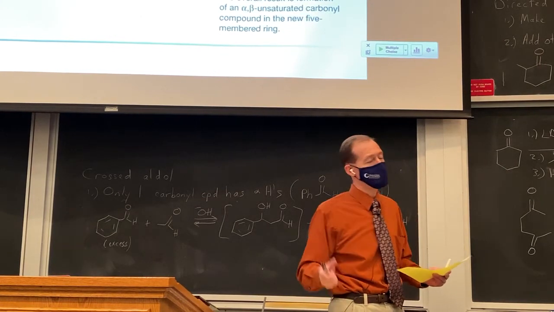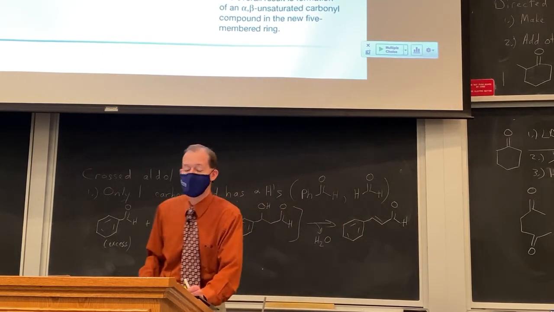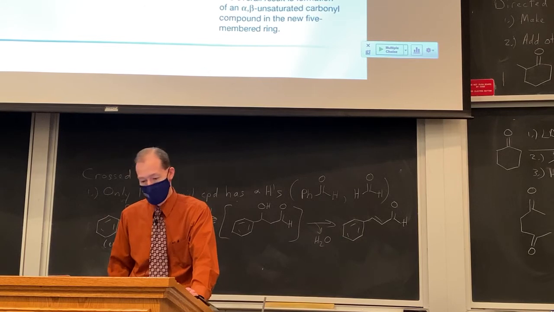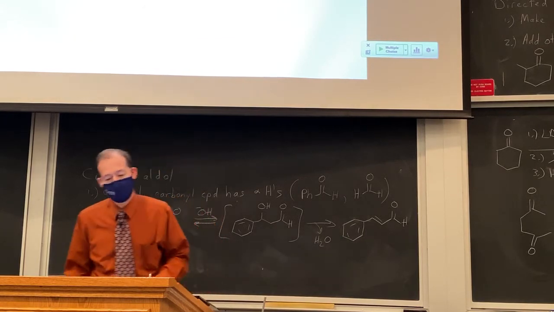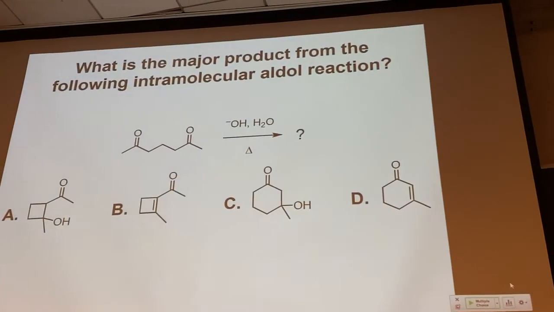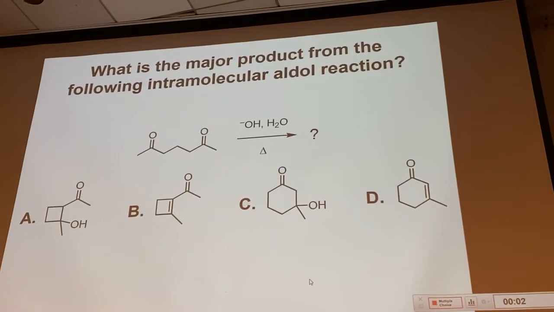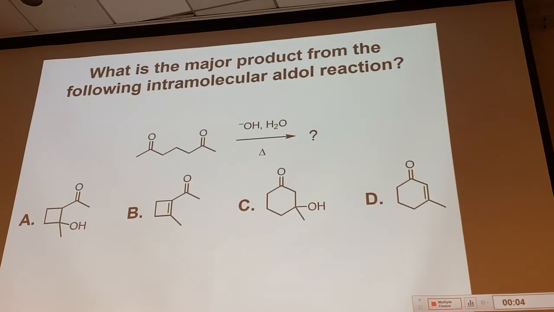So the intramolecular aldol will only work when you can form a 5 or a 6-membered ring. With that knowledge, get your clickers out, talk to your neighbors, and determine what the major product will be from the intramolecular aldol reaction shown here.